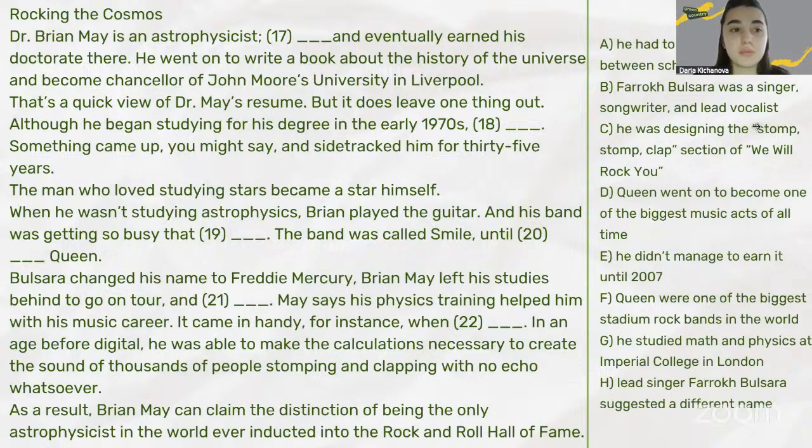Dr. Brian May is an astrophysicist and eventually earned his doctorate there. What can be in the gap? Take a look at that. We have got answers here, and we'll need to check them.